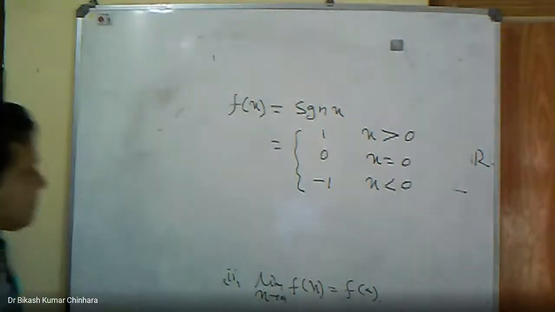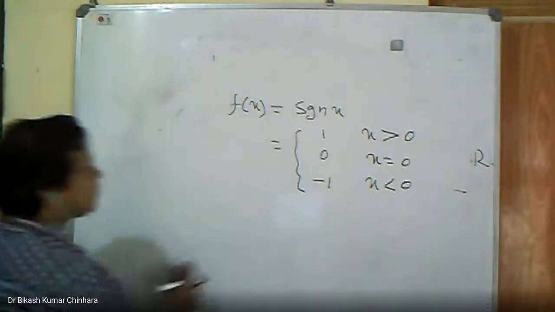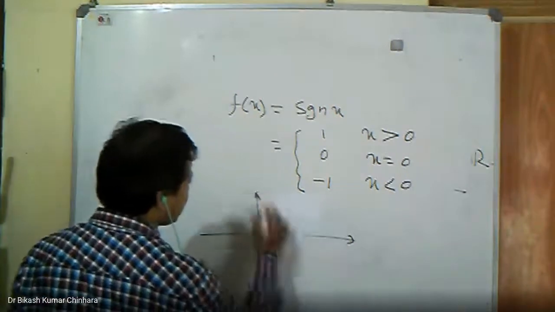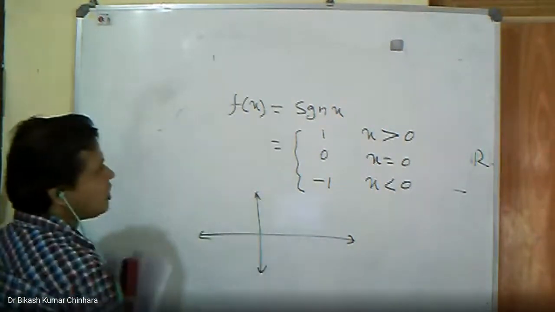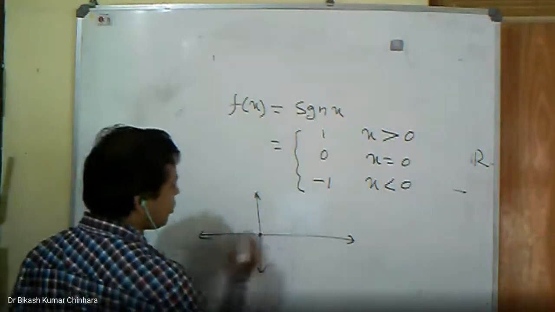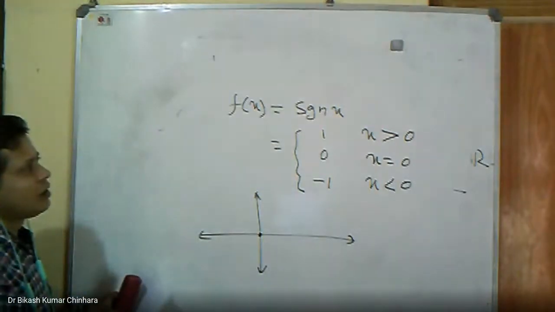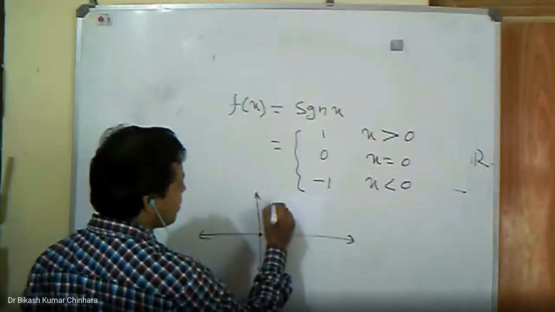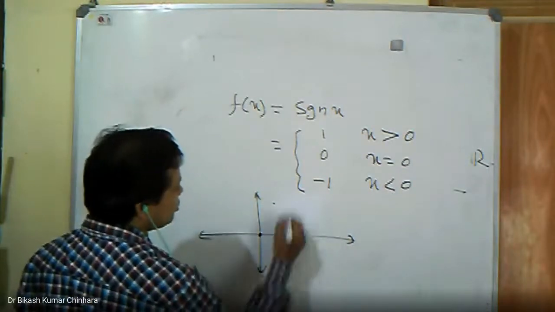Okay, let us plot this graph. When x is equal to 0, its value is 0. When x is more than 0, suppose x is equal to 1, its value will be here. x is equal to 2, its value will be here.